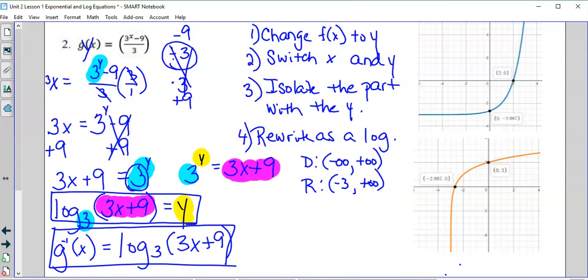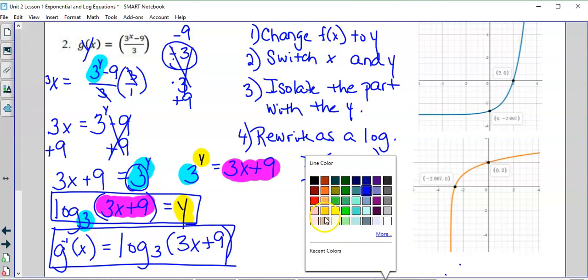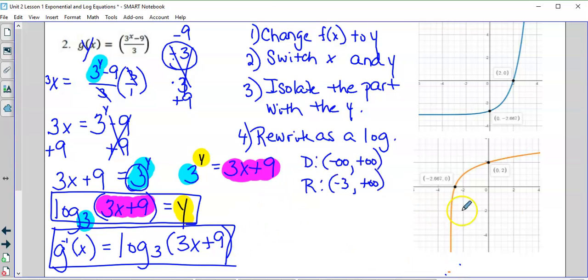Okay, so if I go to orange, the orange graph, the domain is the range from this one, -3, positive infinity, and the range is what this domain was, negative infinity, positive infinity.